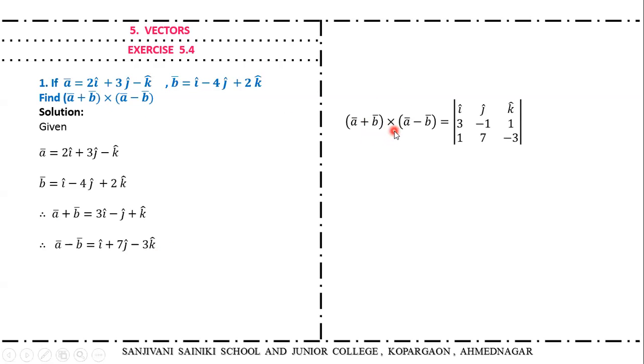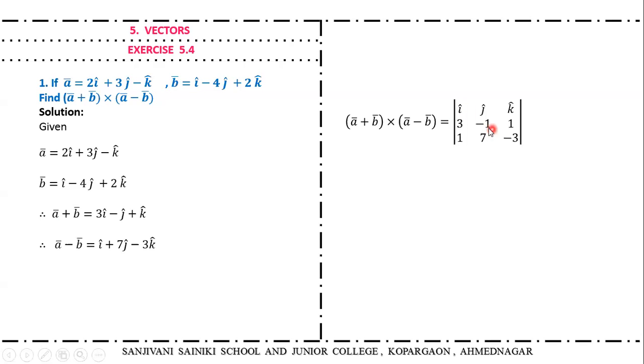Now, we will take the cross product using determinant. The first row is i j k, the second row is the first vector, and the third row is the second vector. So find the determinant. You know how to find the determinant of the given matrix.